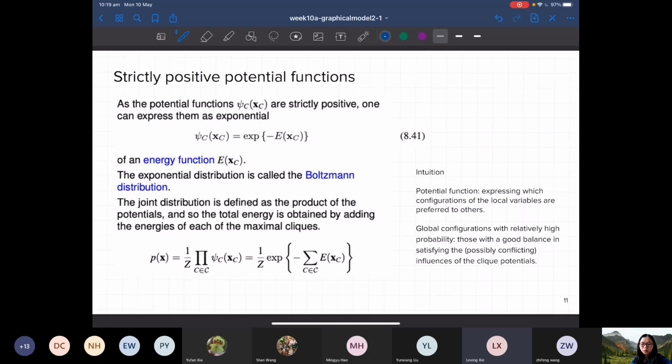What this means is that for an unseen configuration of nodes in X_C, if we're dealing with words, for example, in any given large collection there may be pairs of words that we haven't seen appear together, but it doesn't mean that we will never see them.